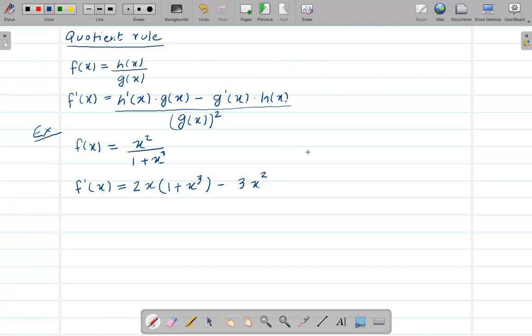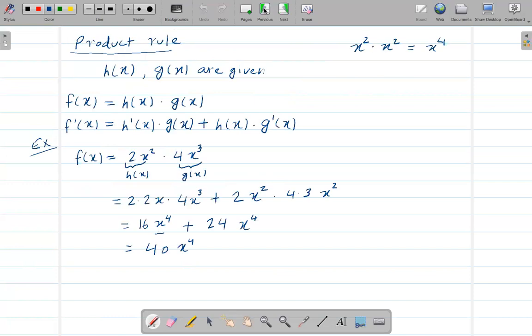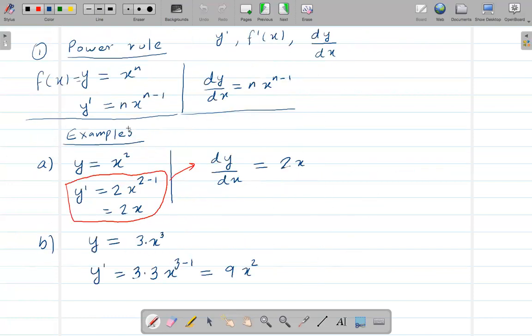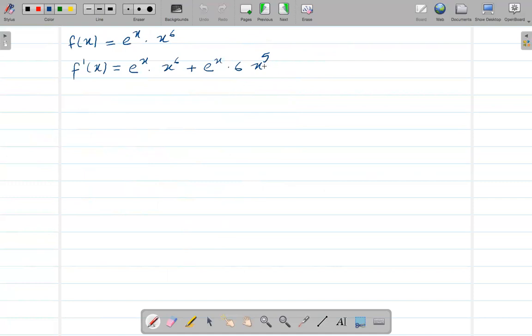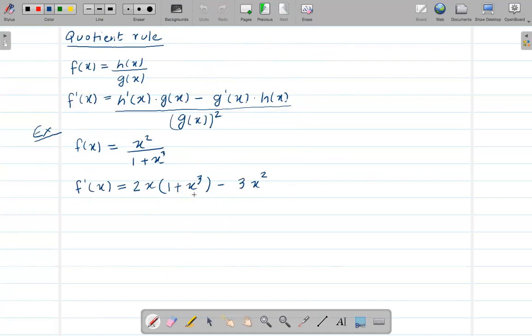Then after that, times just the numerator, x to the power 2, over the square of the denominator, so 1 plus x to the power 3 squared.